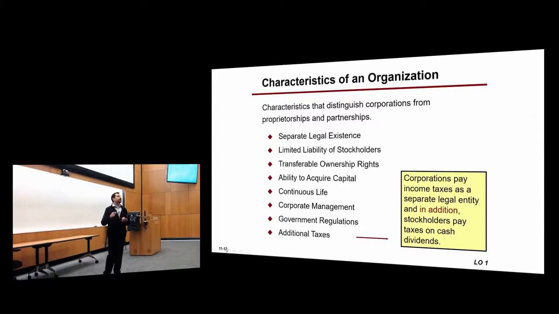So the company will pay income tax, and later on, when they send dividends to their investors, investors will also pay taxes on that dividend as well. You see, the company as a whole will have to pay income tax.